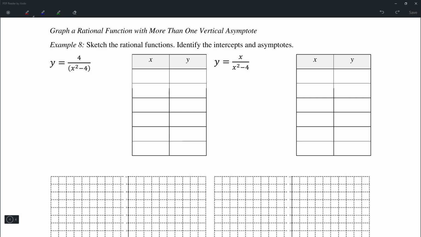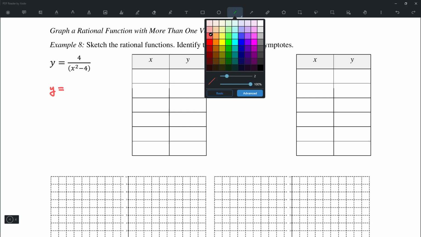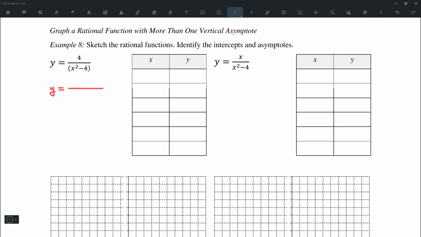So we can rewrite this function as y equals 4 over x plus 2, x minus 2. Notice also that the degree of the numerator is less than that of the denominator. So it also has a horizontal asymptote at y equals 0.